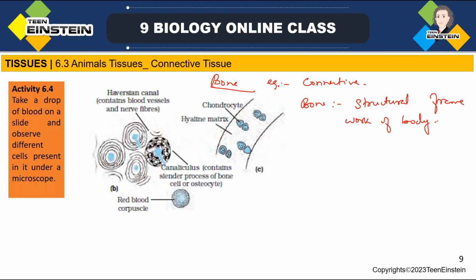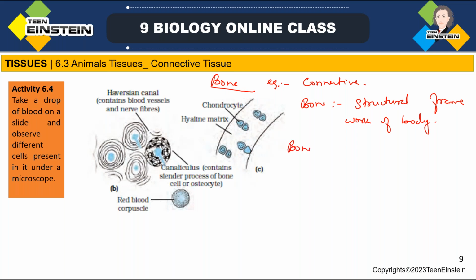On bone, the skin, then the flesh part, everything is arranged. That's why it is having a shape. So bone is an example of connective tissue, and that forms the structural framework of the body, right?